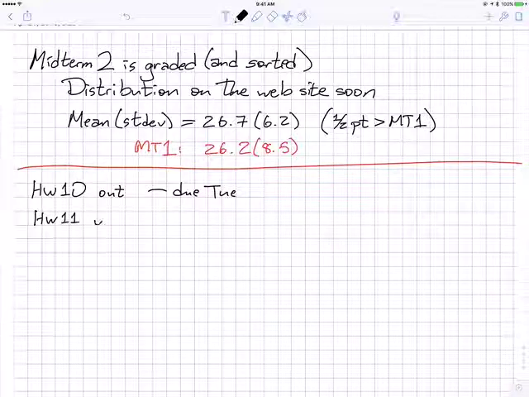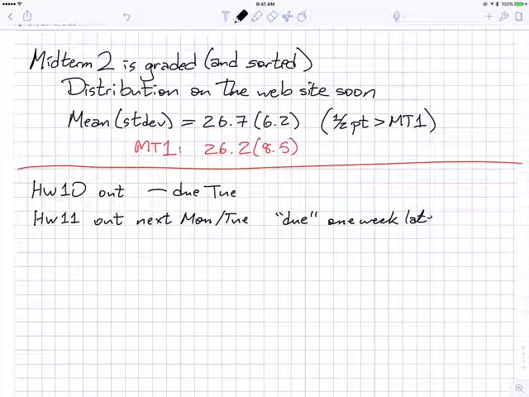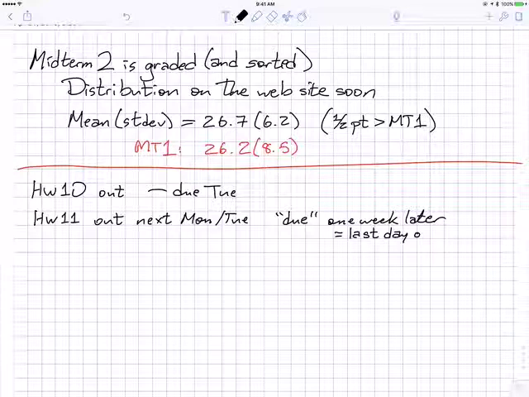Homework 11 will be out either next Monday or Tuesday, and it'll be due 1 week later, in the sense that Tuesday evening or so we will post solutions, but there won't actually be a submission site because 1 week later is the last day of class.